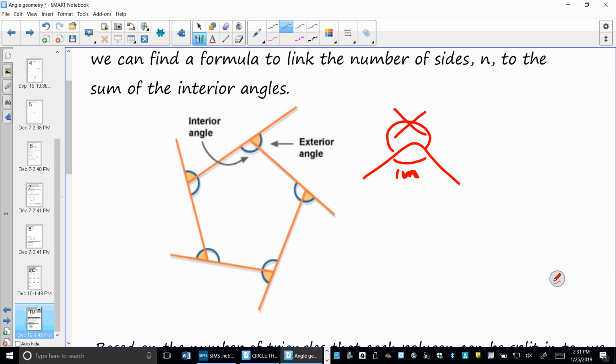Because exterior angles are formed like this. So you pretend like you've extended the line, and so what is special about interior and exterior angles? They add to 180, they're not equal. So they would always add 180.